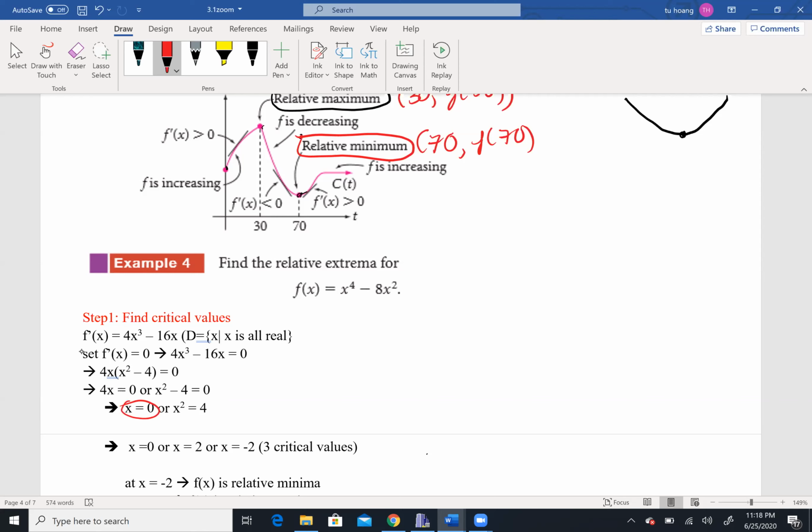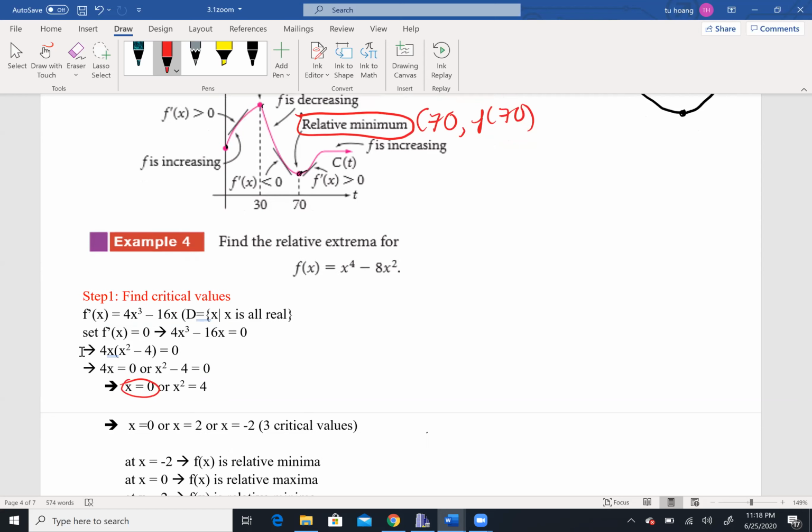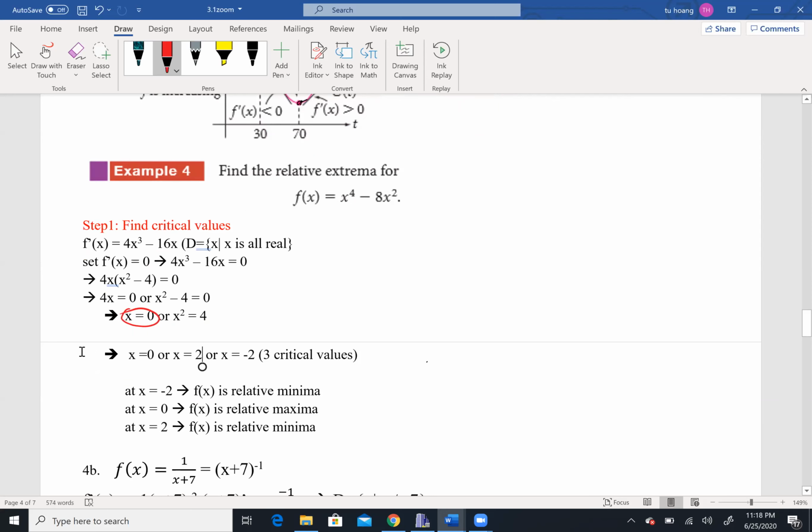So I still keep x equals 0, and then I square root both sides. So you have the square root of x squared equal to the square root of 4, and using the square root property, I have x equal to 2 or x equal to negative 2, and that gives me 3 critical values.